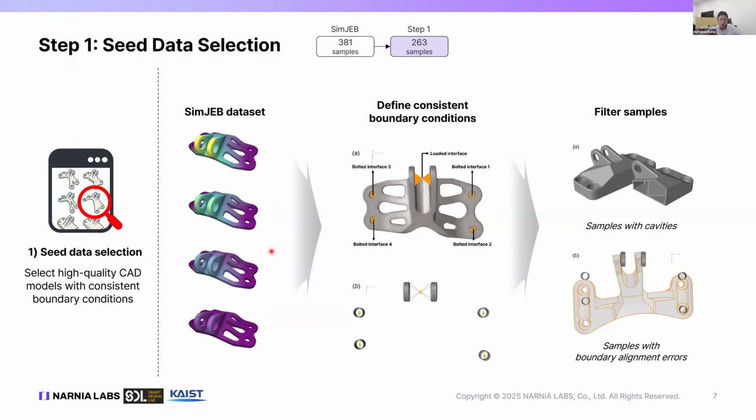We removed about 100 samples that had geometric issues, such as internal cavities or boundary alignment errors, which could cause instability in the simulation pipeline. This left us with 263 high-quality CAD models to serve as the seed for our generative process.